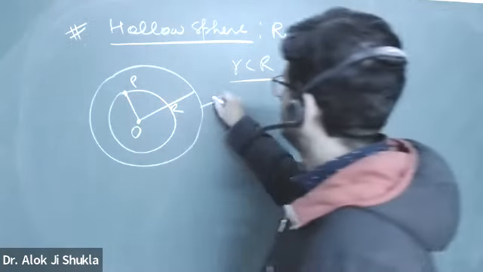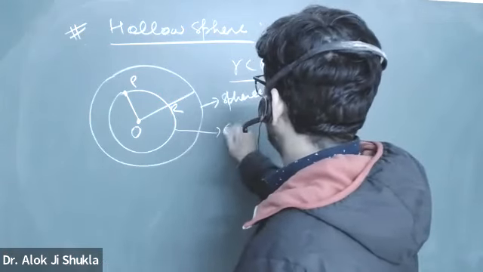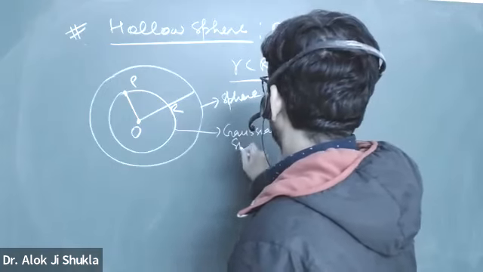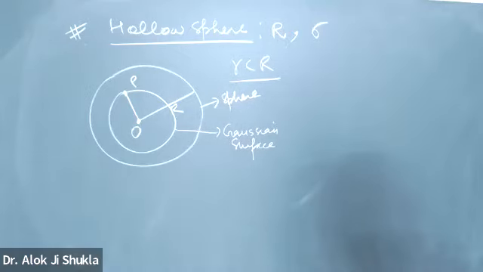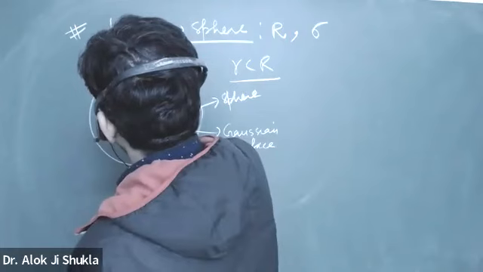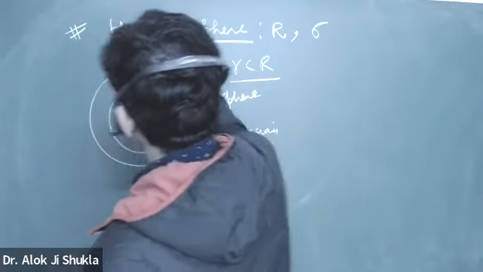This is sphere. This is the Gaussian surface. So you take a small area again here and then E, DA.